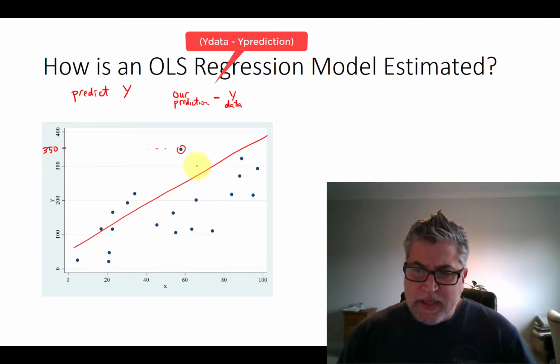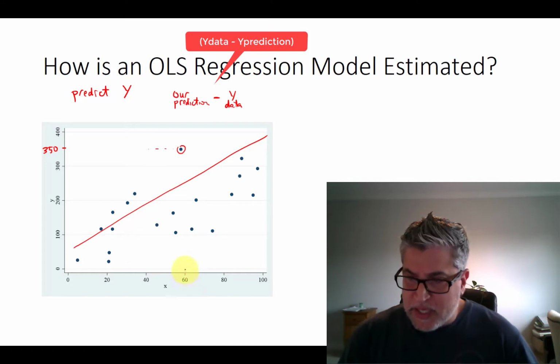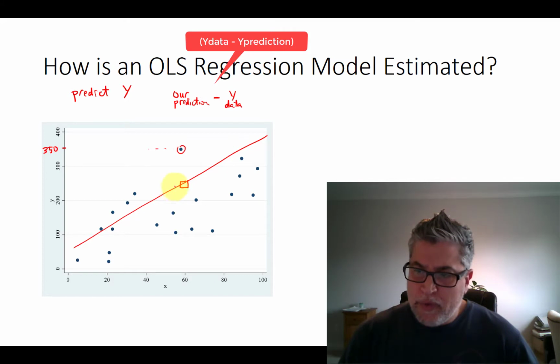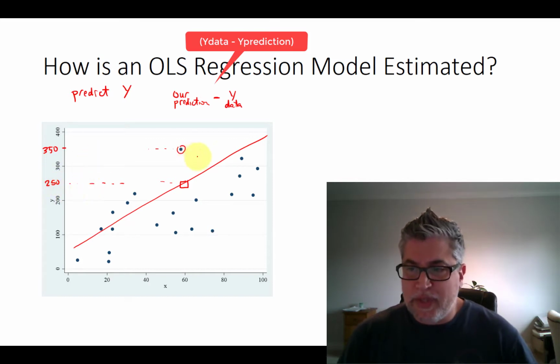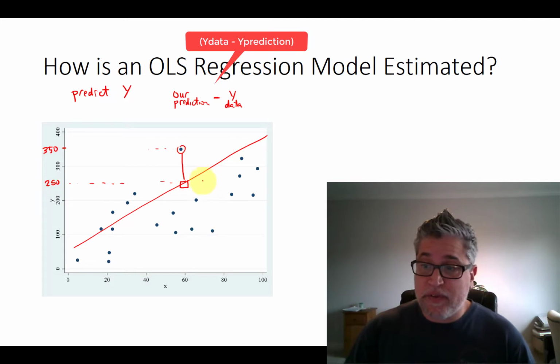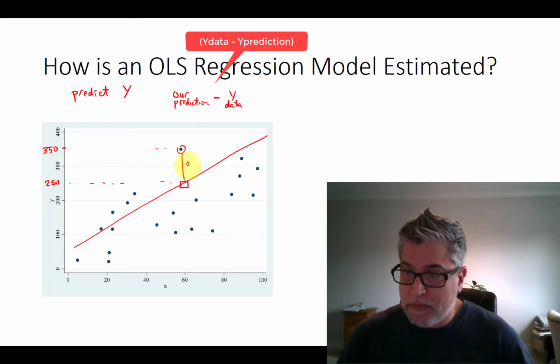What we predicted is what goes on here on this solid red line. At a value of 60, we would have predicted, I don't know, that looks like around 250. And so the difference between 350 and 250, what's 350 minus 250? That's 100.